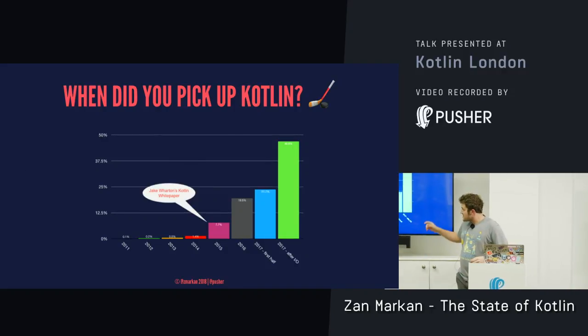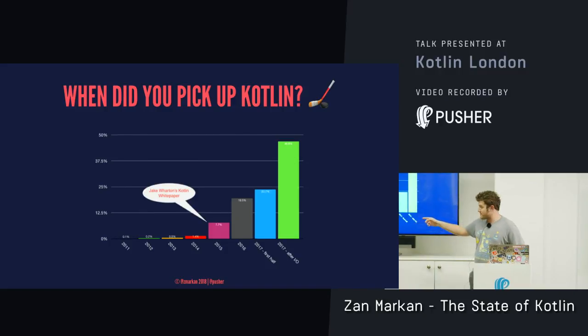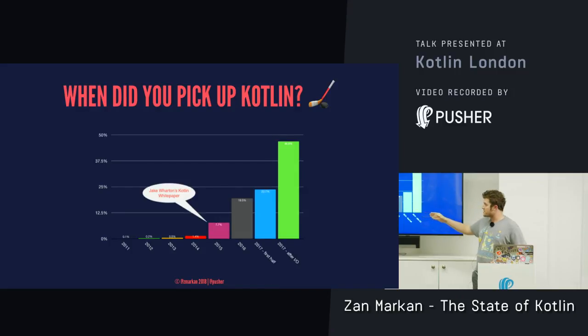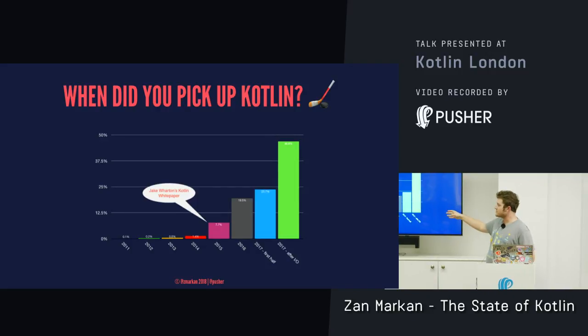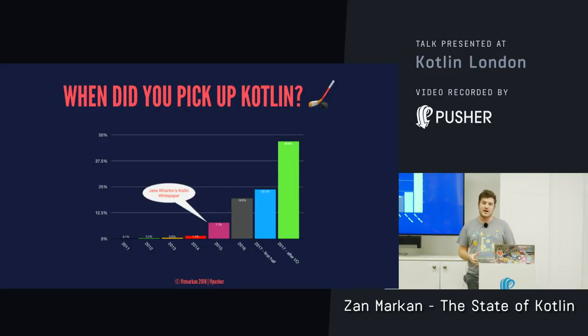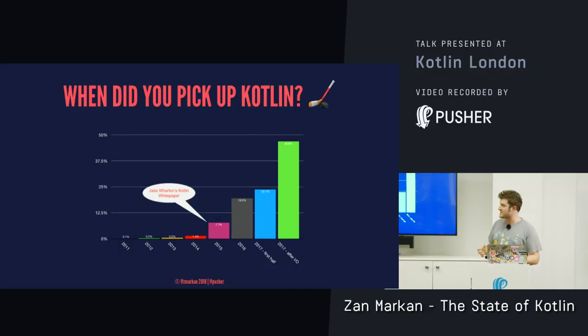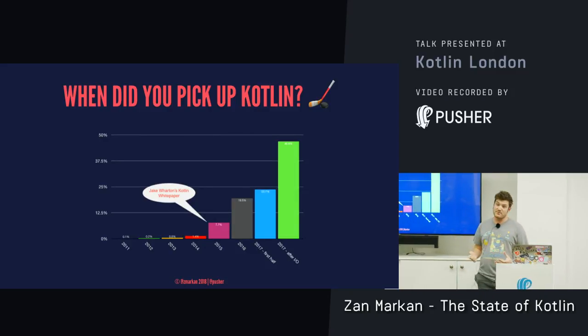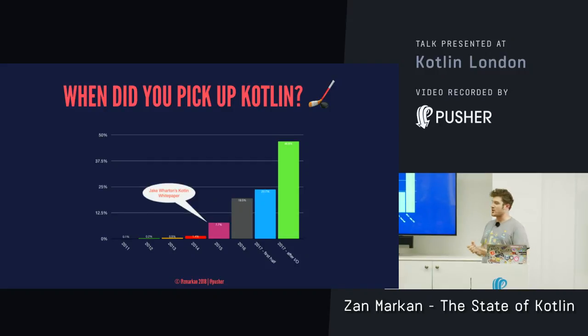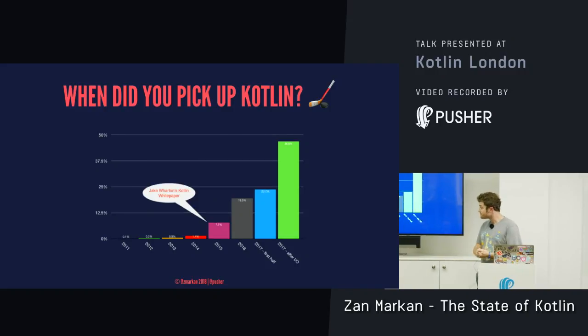It started in 2011 with very, very small amounts, only 0.1% of people picked it up in 2011, and exploded in mid-2017 after Google I/O, when Google announced that Kotlin is now an officially supported language for Android applications. So 46% of all people surveyed said that they started using Kotlin after Google I/O.